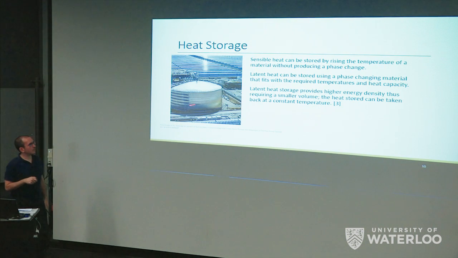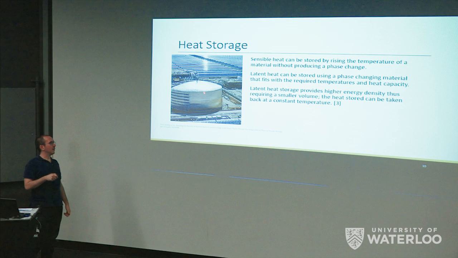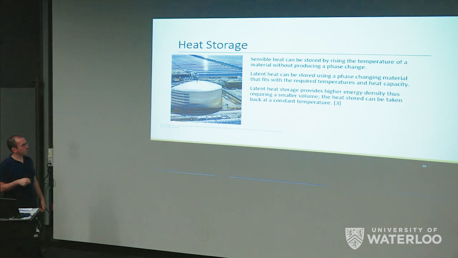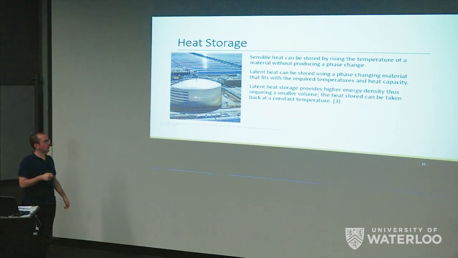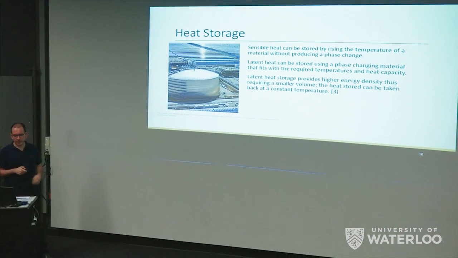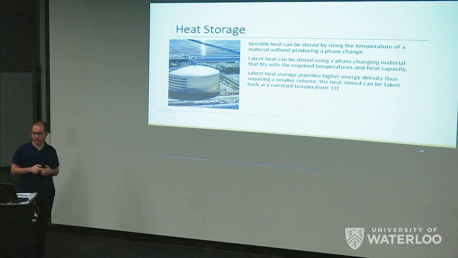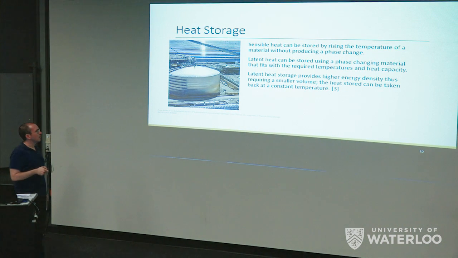So these molten salts can store a lot of sensible heat. And then they use these molten salts to run the plant during the night, or whatever other process they need when the sun is not actually available. So this is very similar to what could be used in a CAES system.